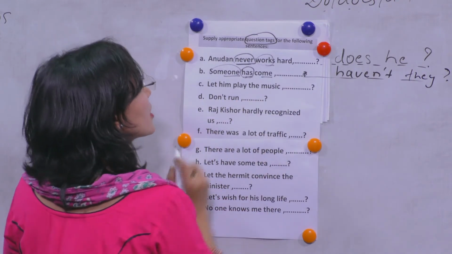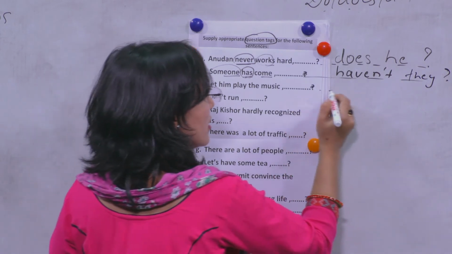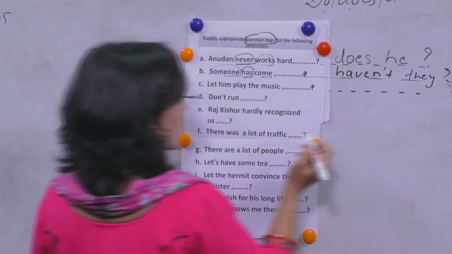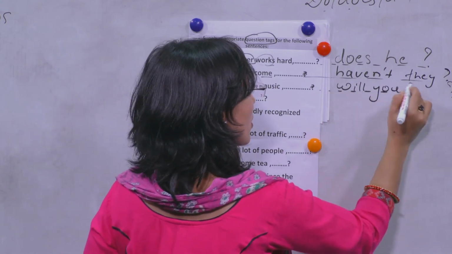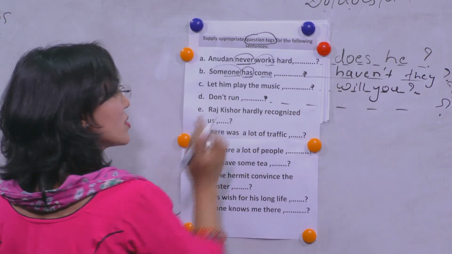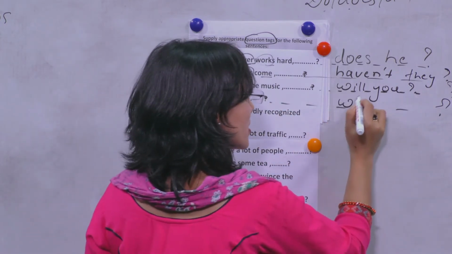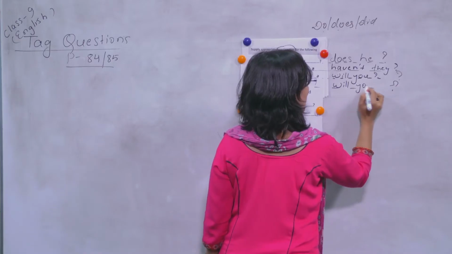Let him play the music. Like let him play, so we are requesting someone. What do we write? Will you? And the other one, don't run. So again, will you? Remember, it's small letter, right? Will you?